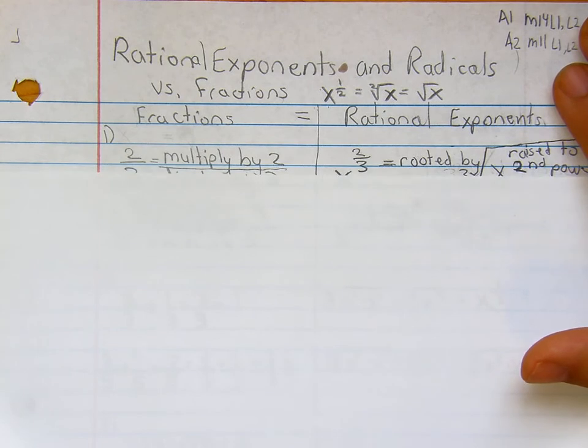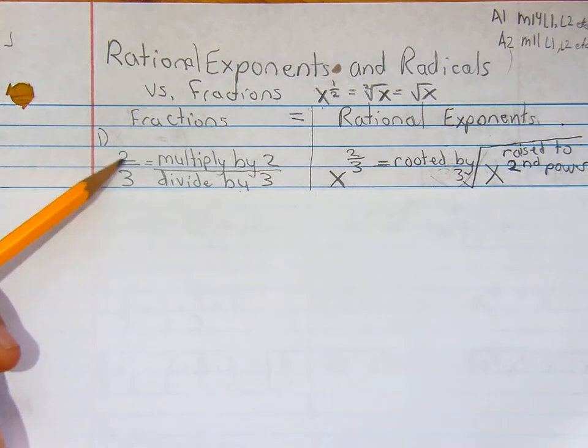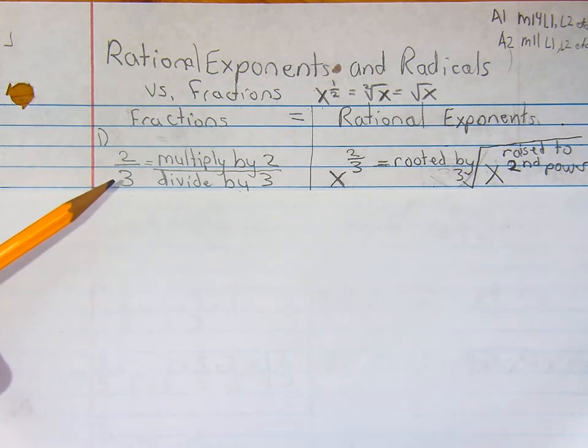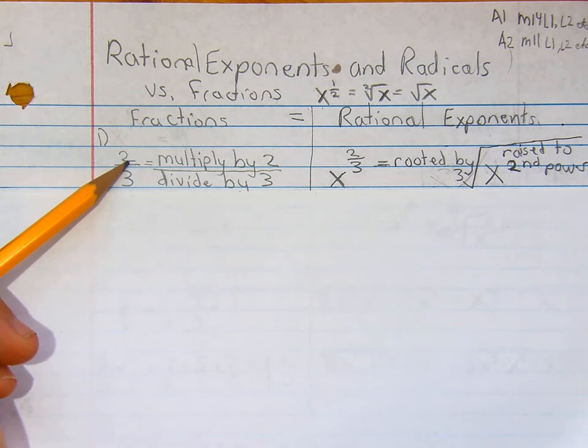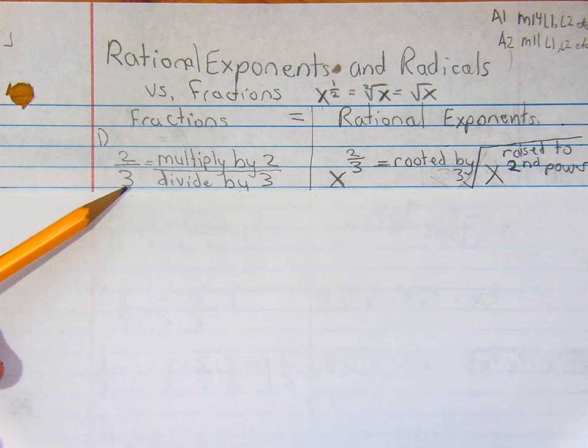So on a normal fraction, break it down even further. If you look at a fraction, this is a two-step operation mixed into one setup: whatever you have, you're going to multiply by 2 and then divide by 3.